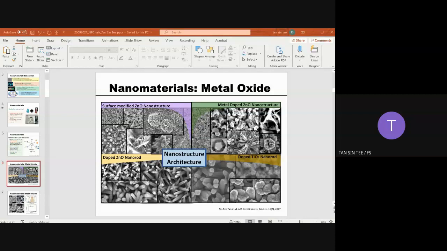The easier way is changing the surfactant and the ligand. A surfactant is something that lets us control in which direction our nanostructure grows. The common surfactants that we use are, for example, PVP and CTAB.